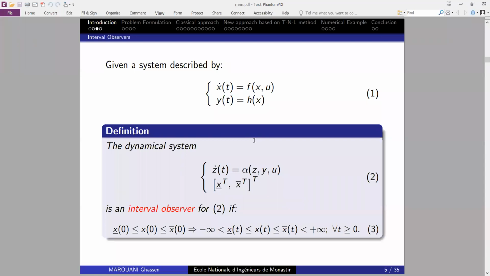So to address this theme, we give the described system. The dynamical system given by equation 2 is an interval observer if the condition 3 is satisfied.